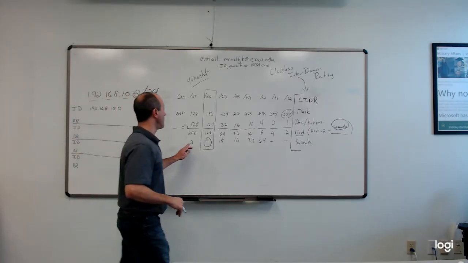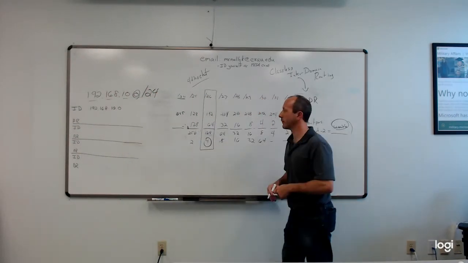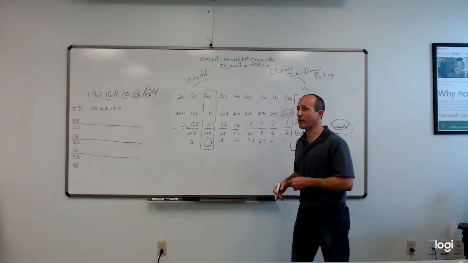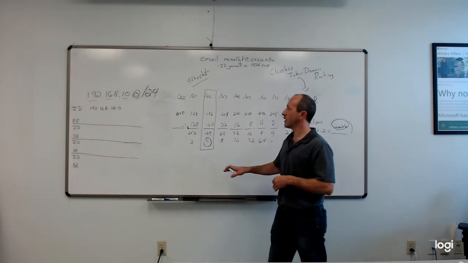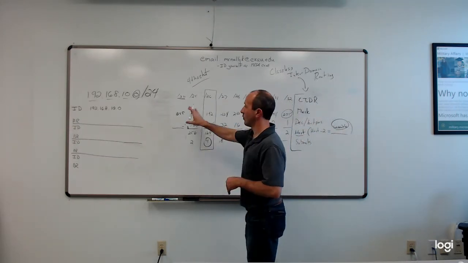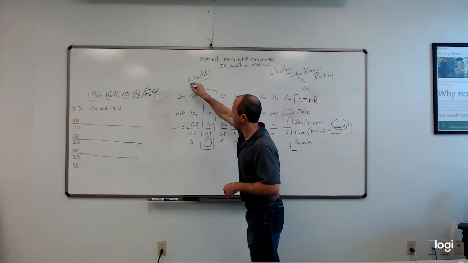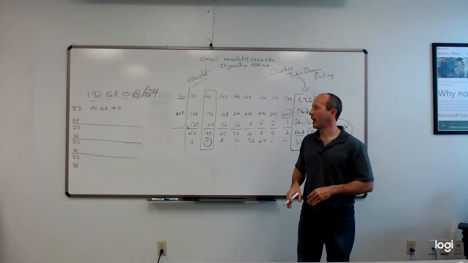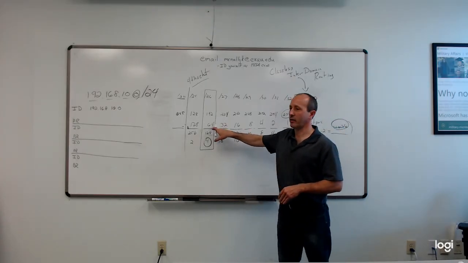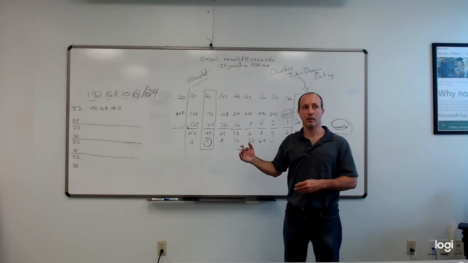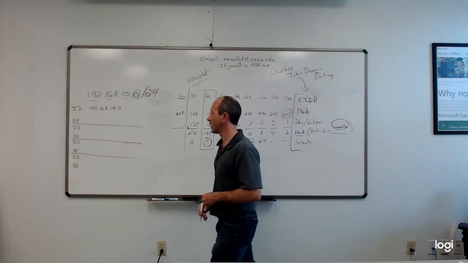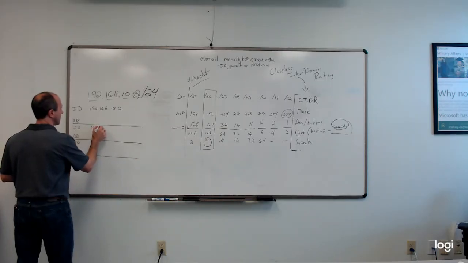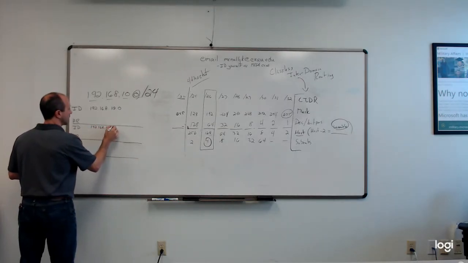Except this time we're dividing by 4. You already did the math, and we know that to divide 256, our starting point, you could do it that way, but I'm looking at this number right here. That's going to be my increment marker. I will increment by 64, which means my next network is 192.168.10.64.